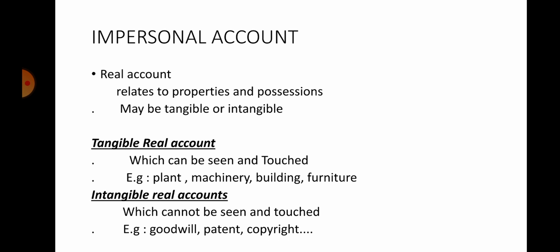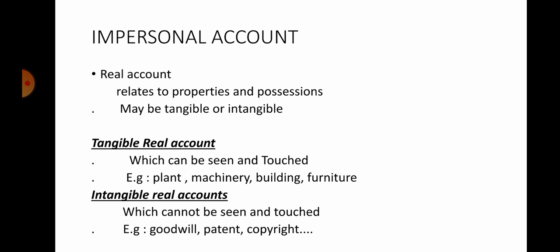And the next classification is real account. Real account means it relates to properties and possessions. Already you know what all the properties are. Properties means what we own in our name. This may be tangible or intangible.